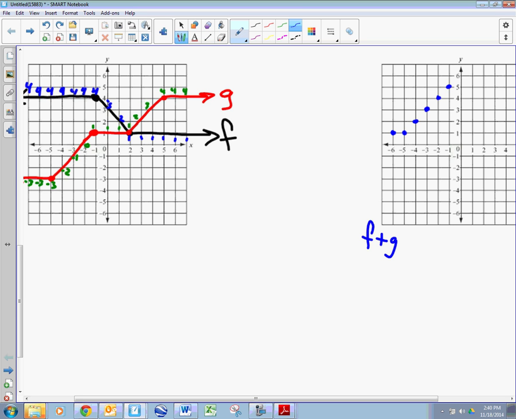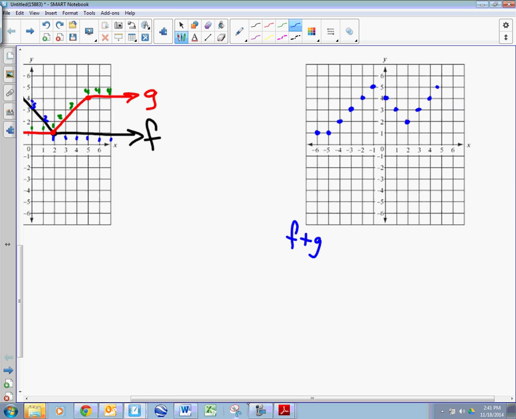For 0, I add 1 and 3, and I get 4. For 1, I add 1 and 2, and I get 3. For 2, I add 1 and 1, and I get 2. For 3, I add 1 and 2. For 4, I add 1 and 3, and I get 4. And for 5, I add 1 and 4, and I get 5. And then I get 5 all the way across.